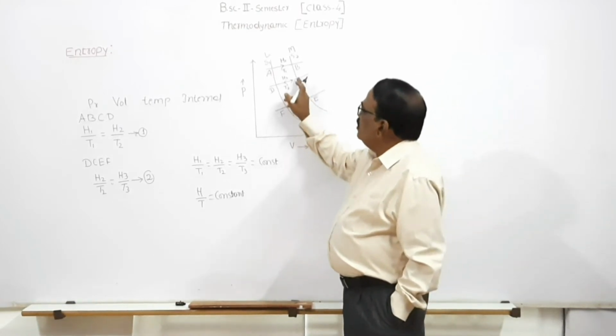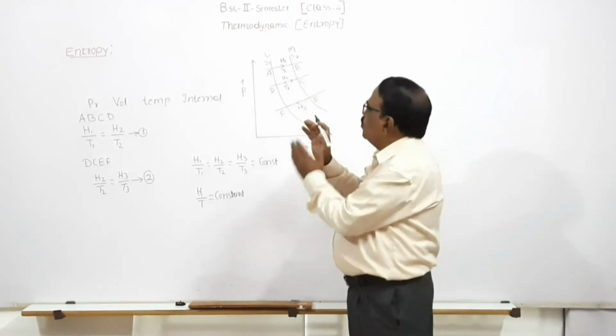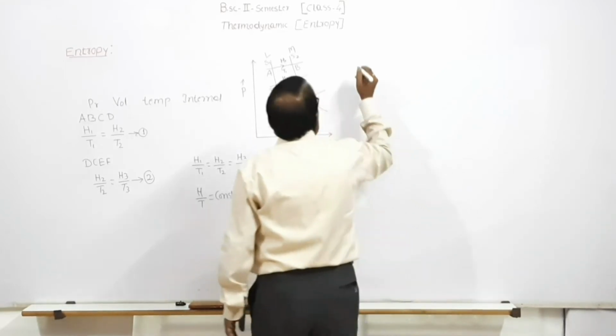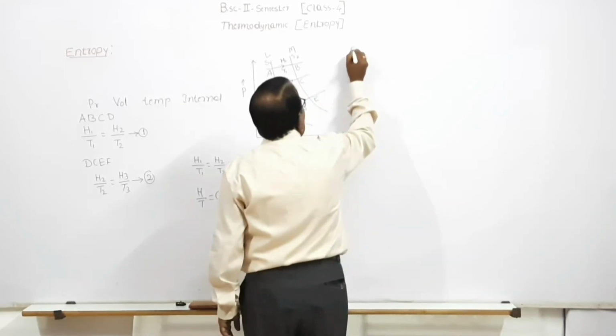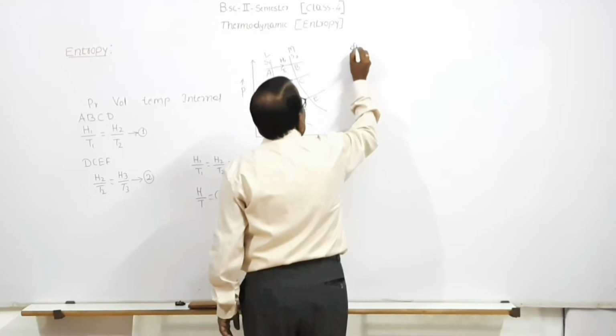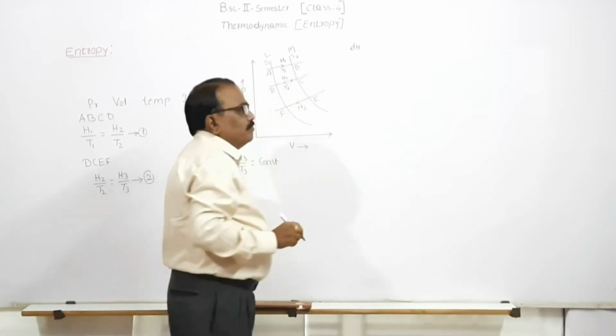Then if these adiabatics are very close, the amount of heat absorbed or rejected is delta H, very small.